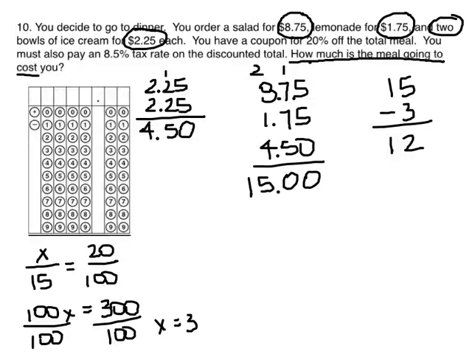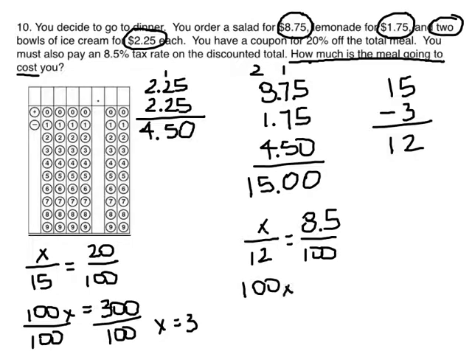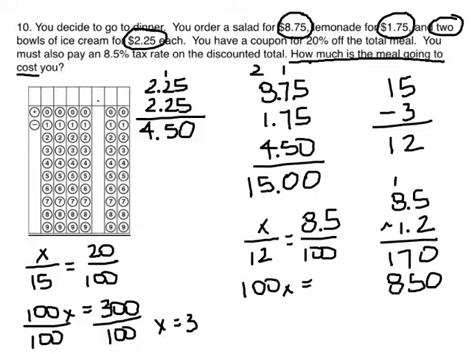So now we have tax based on $12. So what is 8.5% of $12? So 100x equals 8.5 times 12. 2 times 5 is 10. 2 times 8 is 16, plus 1 is 17. Put my 0. 1 times 5 is 5. 1 times 8 is 8. Zeros. 5 plus 7 is 12. 8, 9, 10.